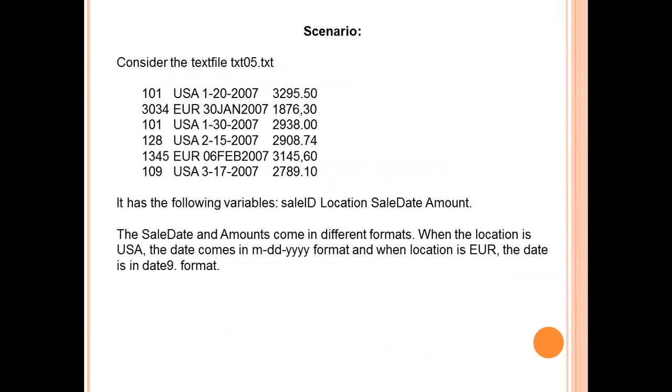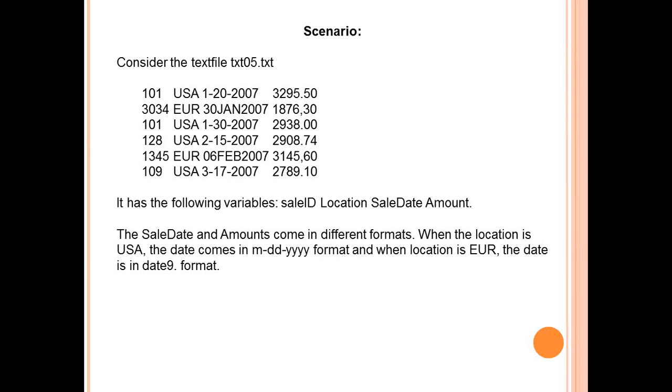So it says that it has the following variables: sales ID, location, sales date, and amount. Wherever we have the location Europe, EUR, we have comma separated values, and where we have USA, we have decimal separated values.